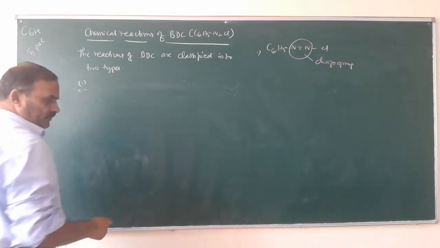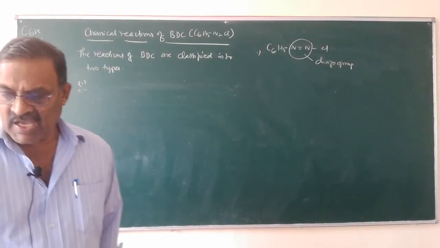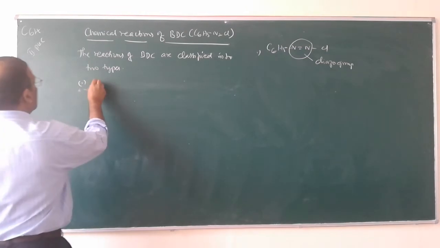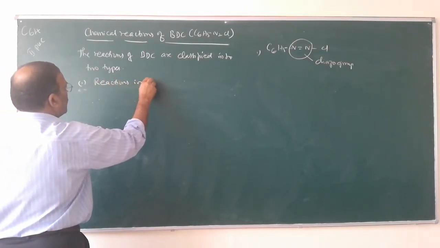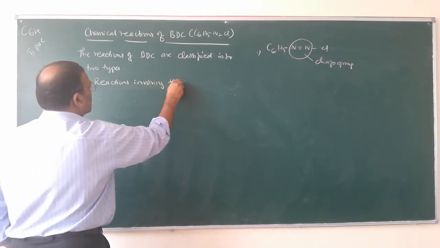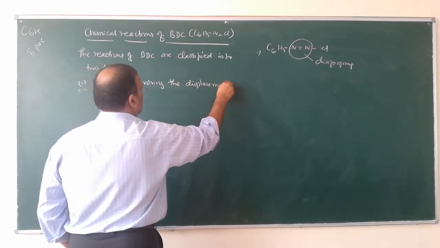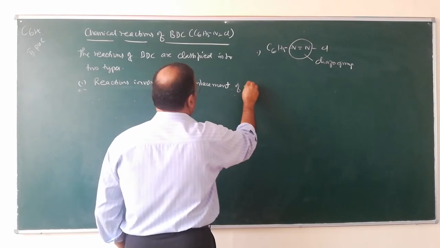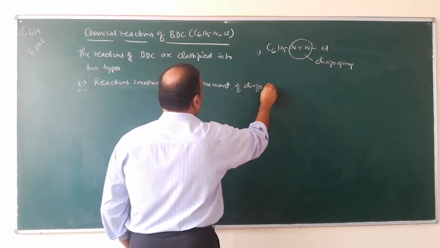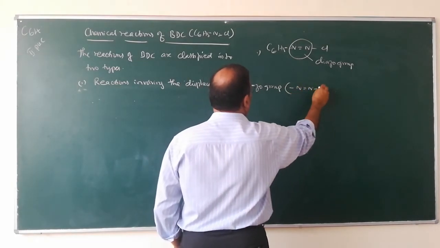Number one, reactions involving the displacement of diazo group, that is N double bond N group.